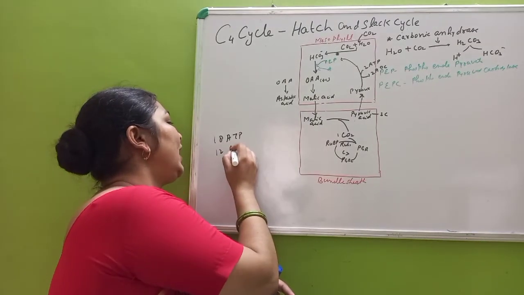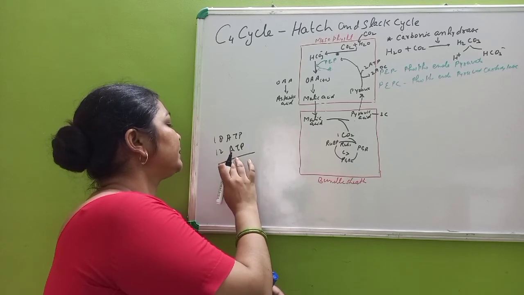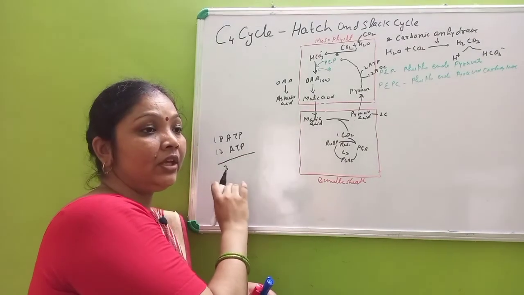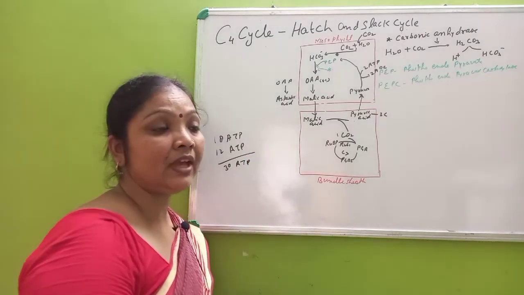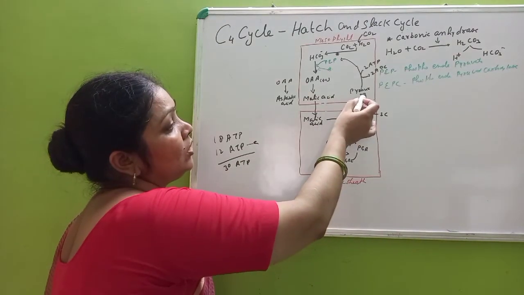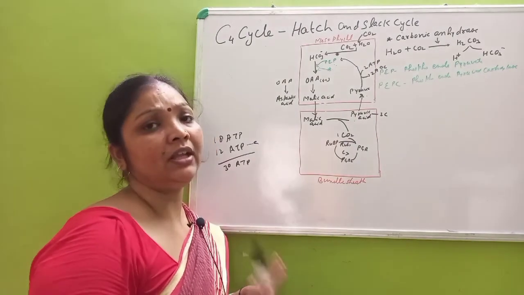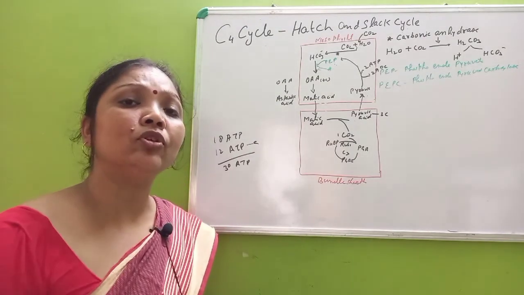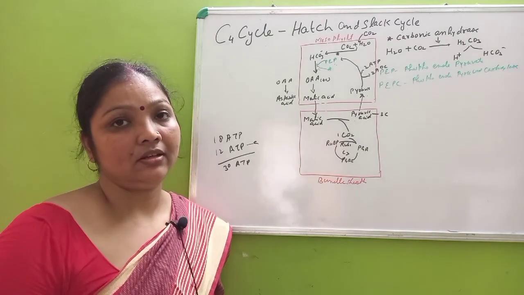So 12 extra ATP are required. That means here we need 30 ATP instead of 18 ATP, because 12 extra ATP are required to convert pyruvic acid to phosphoenol pyruvate. But by expending this much energy, the plant is overcoming the drawback of photorespiration. So this is your C4 cycle.